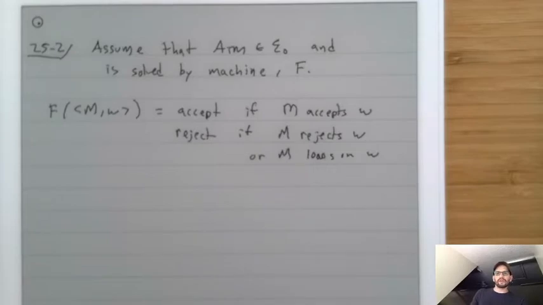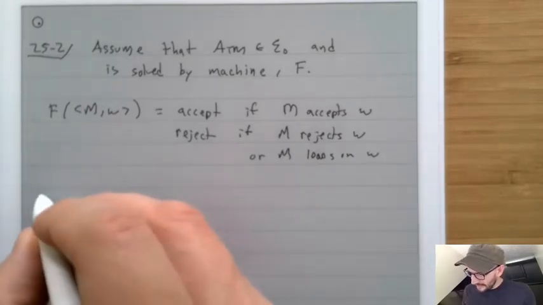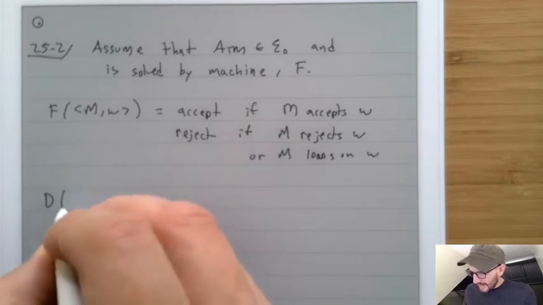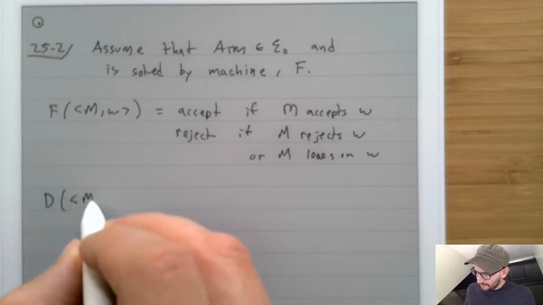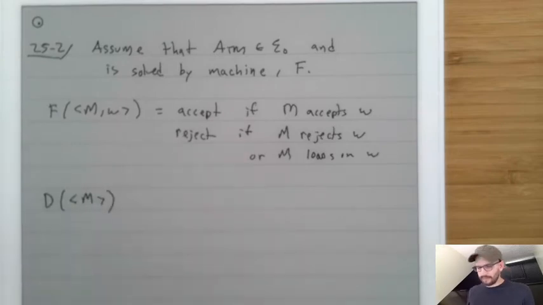Now we are going to derive a contradiction, and here's the way we're going to do this. We're going to make a totally new machine, and this machine will be called D. And when we run D, its input is M. All right, and here's what it does.